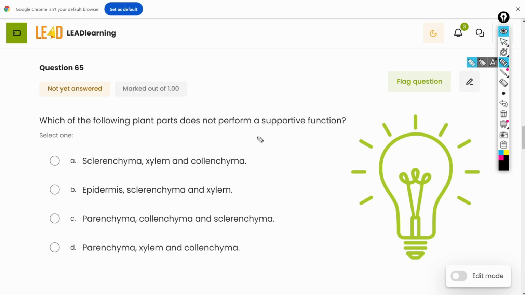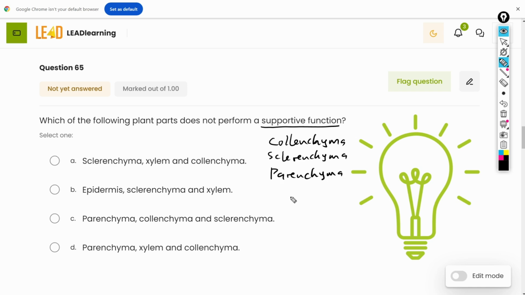Question 65. Which of the following plant parts does not perform a supportive function? Now, the 4 main supporting tissues in plants include collenchyma, sclerenchyma, parenchyma, and the xylem vessels.